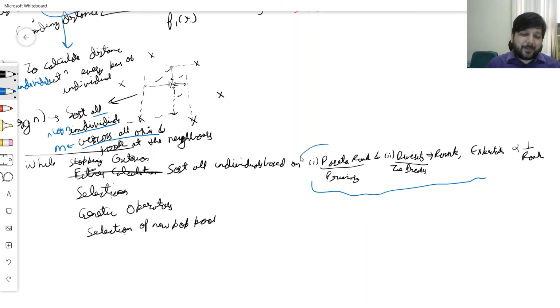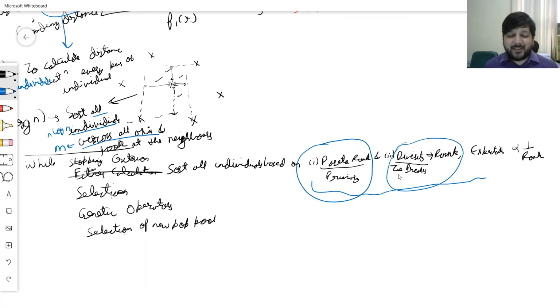This step also has two parts. First I need to calculate the Pareto rank of all individuals. I cannot do sorting unless I have the Pareto rank, and then the diversity as a tiebreaker. Diversity as a tiebreaker, we have already seen that by sorting individuals, the distance between every pair of individuals can be calculated in O(n) time, because every individual will only look at its neighbors. So it doesn't really bother me.